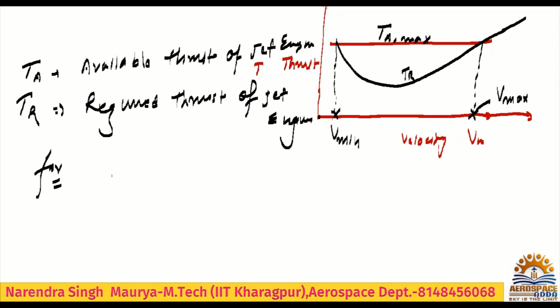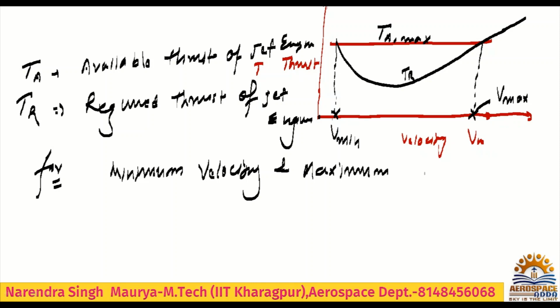But for minimum velocity and maximum velocity, what mathematical relation do you get from the plot?